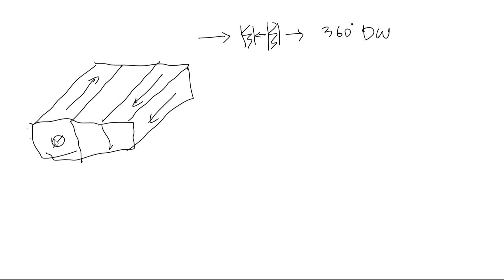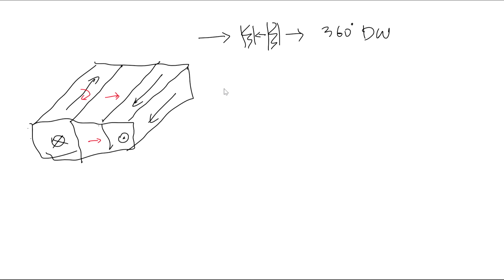This is pointing there, this is pointing here. In the middle, you can have in-plane rotation. So basically, you rotate this in plane, and in the middle of that, you would have a magnetic moment pointing in this direction.